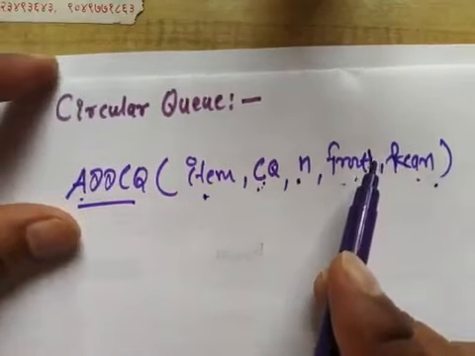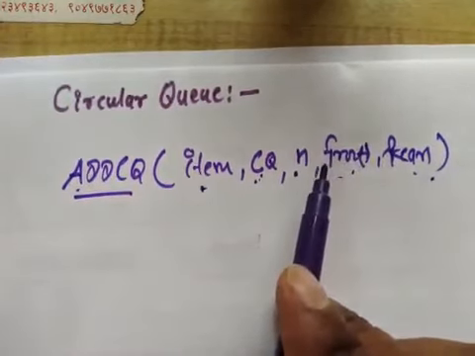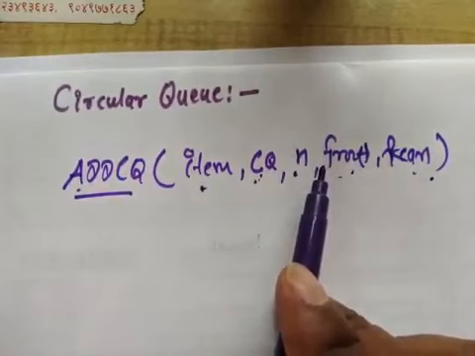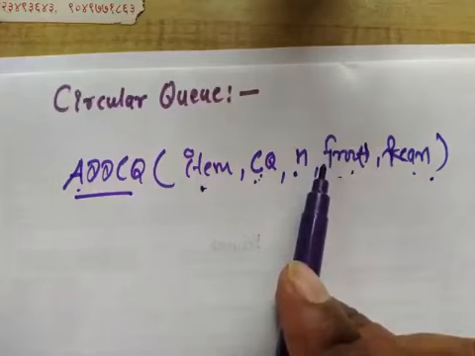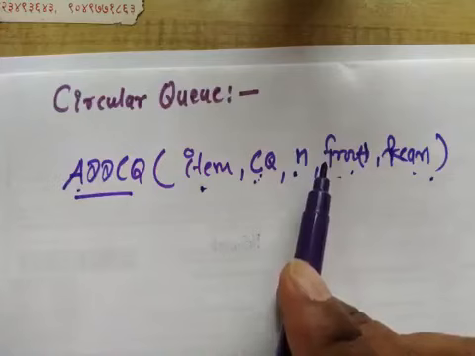Here we insert an atom in the circular queue of size 0 to n-1, where rear points to the last atom and front points to the position counterclockwise from the first atom in the circular queue.